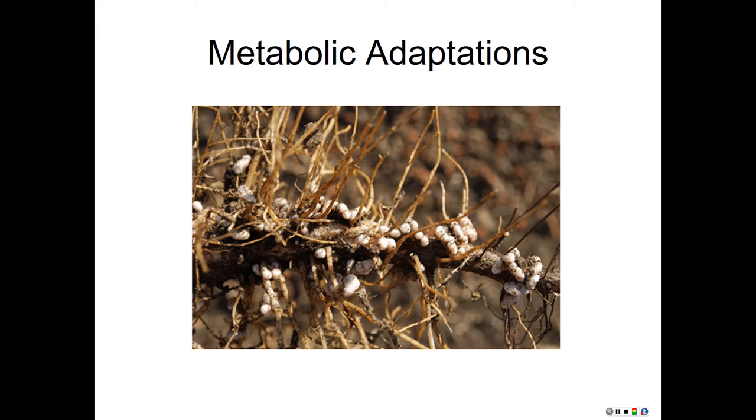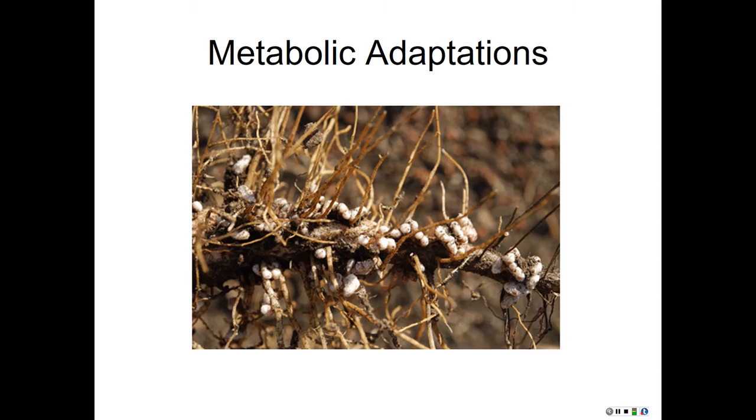Well, I'm showing you the picture of the plant root because of these little nodules on them that actually house bacteria that are capable of nitrogen fixation. So under this category of metabolic adaptations, I want to talk about both oxygen use and nitrogen fixation. Okay, so we're going to talk about those two categories.